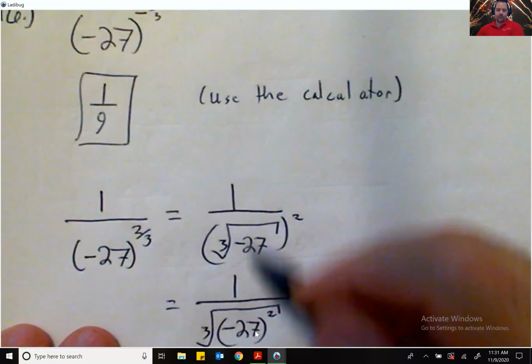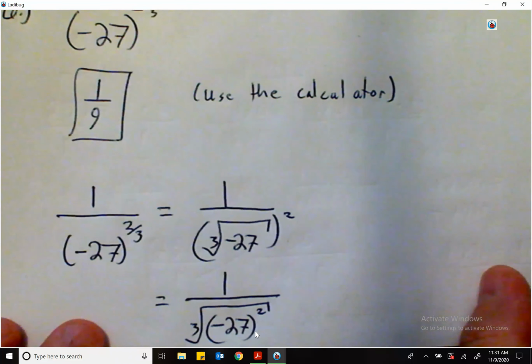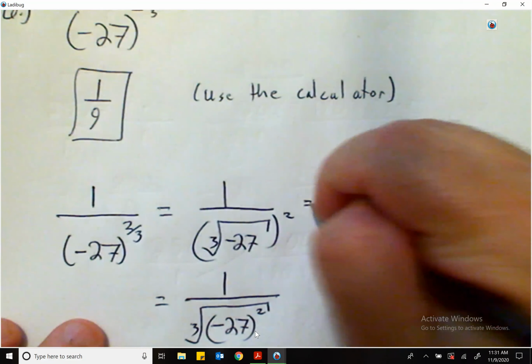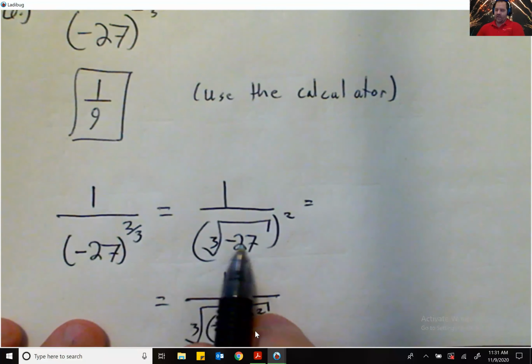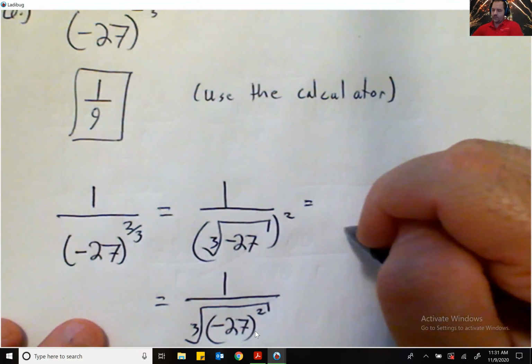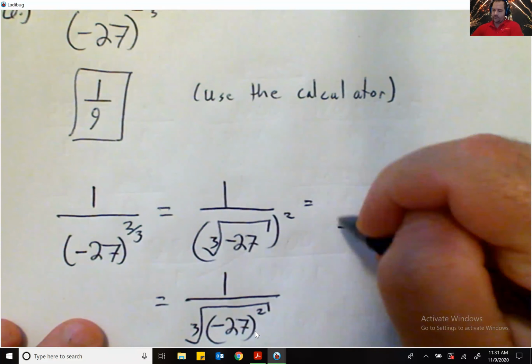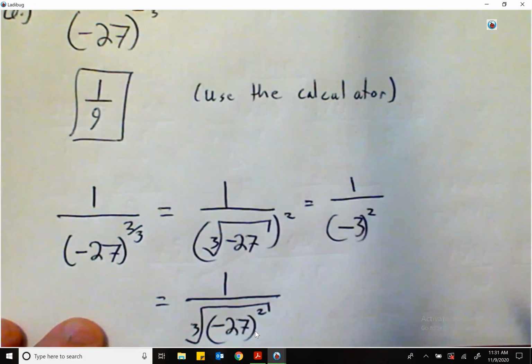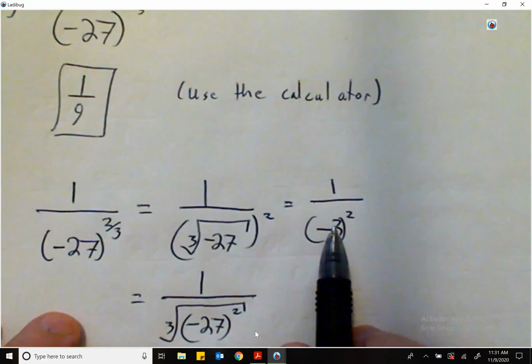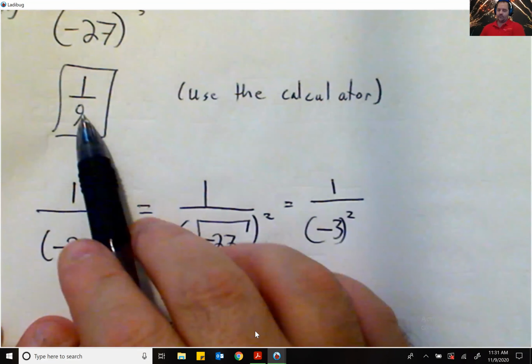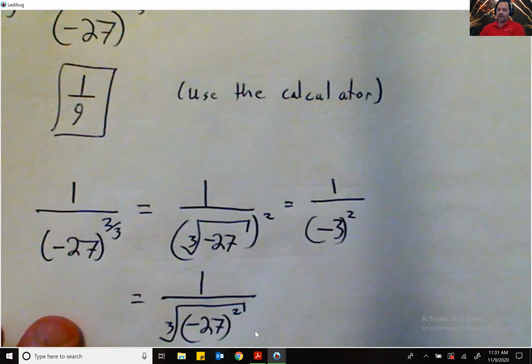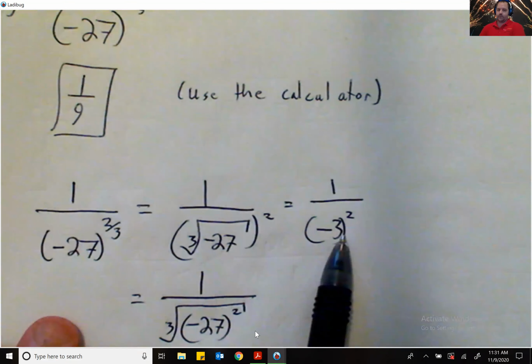It doesn't matter which one you use. You're going to get the same answer either way. The cube root of negative 27 gives me negative 3, and if I square that, I get positive 9, because negative 3 times negative 3 is 9.